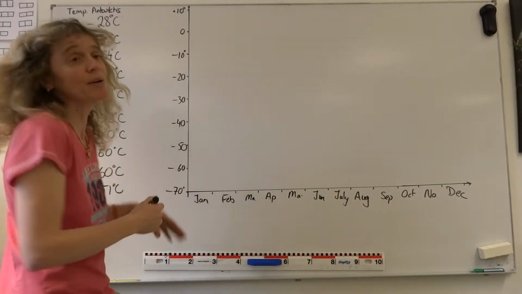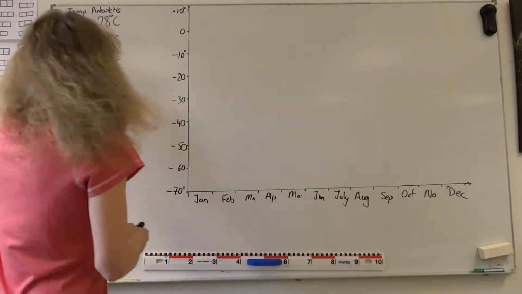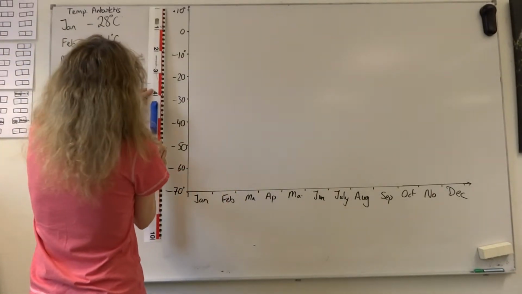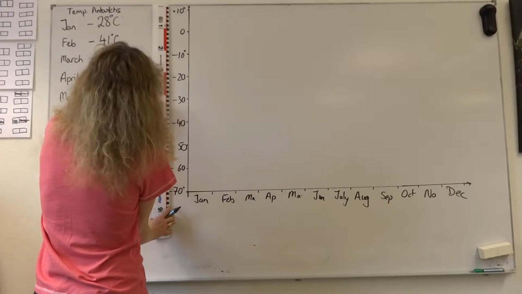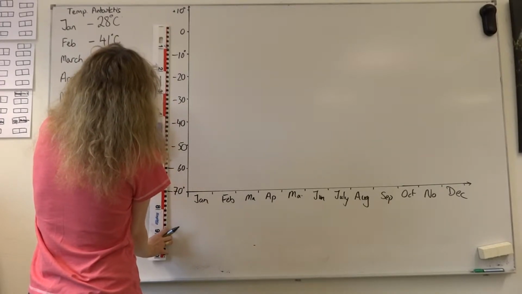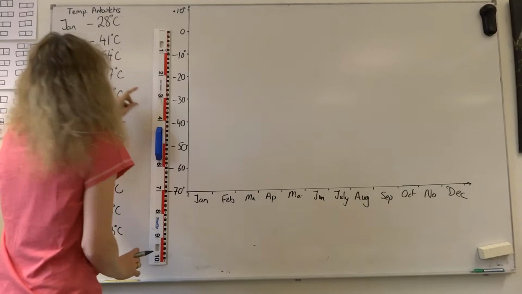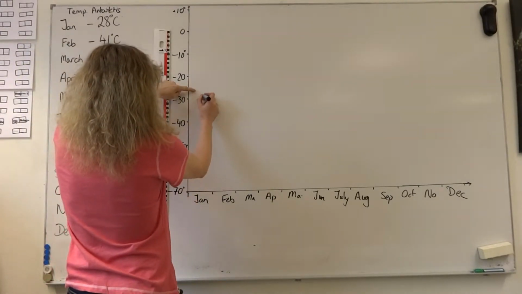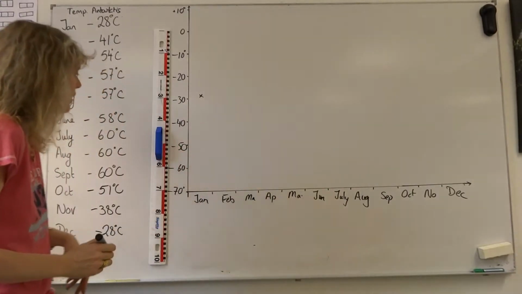So now it's just to read off the scale. So January, should it be at -28 degrees? And I'll put my ruler here to help me because I don't have lined paper. So January -28, so take the middle of January -28, and it's an average temperature.